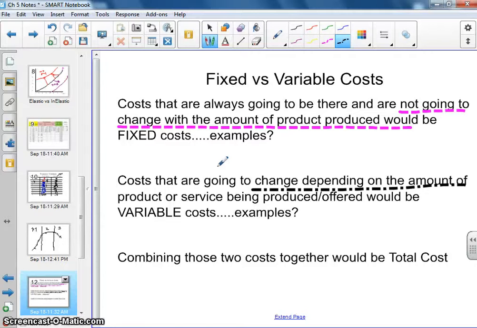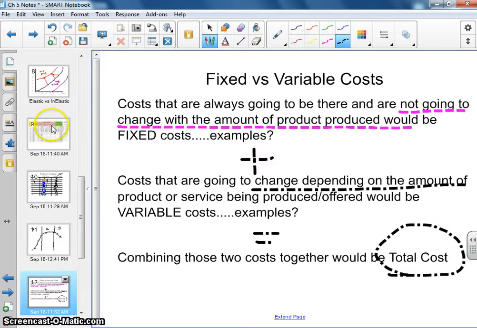If you look at raw material going into a product, the more product you're looking at making, the more variable costs you have. To make those work out, you take your fixed cost and add it to your variable cost, and that's how we come up with total cost.